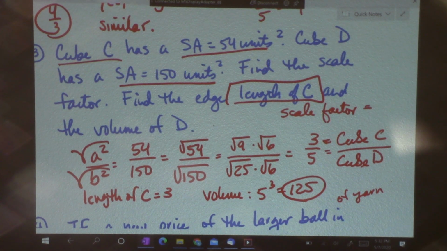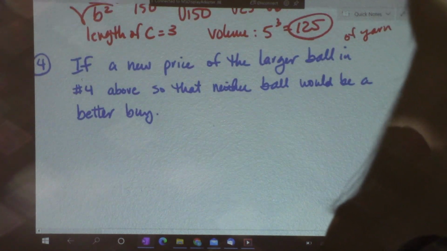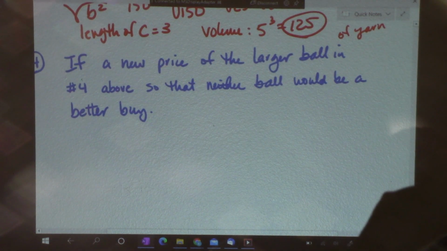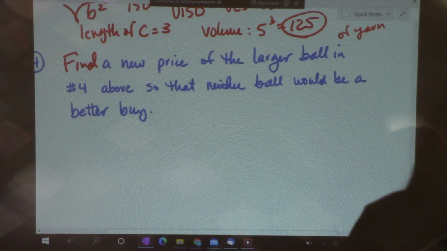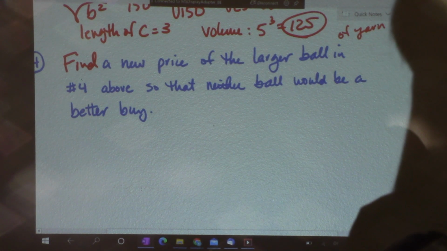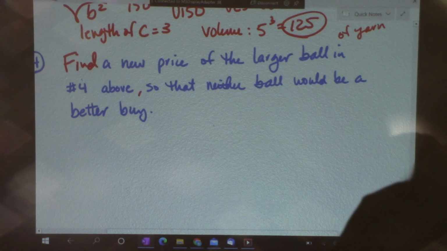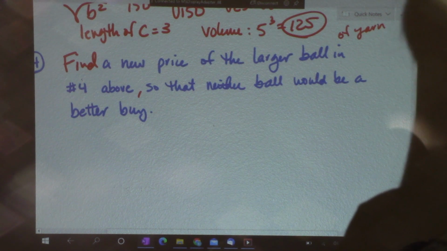All right, we have one more. Find a new price of the larger ball in number 4 above so that neither ball would be a better buy.